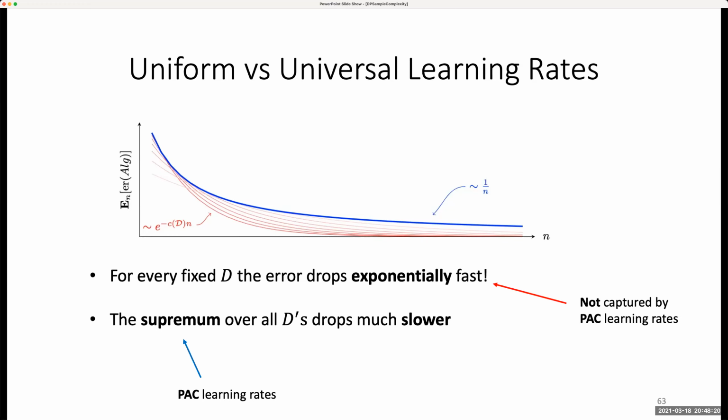In fact, it is learnable so fast that you cannot even test the error of the hypothesis you output. This has also been observed in practice already in the 90s for neural networks. So we only allowed a little bit of dependence on the distribution in the form of these constants, and we see a much more optimistic landscape of learnability for some problems.